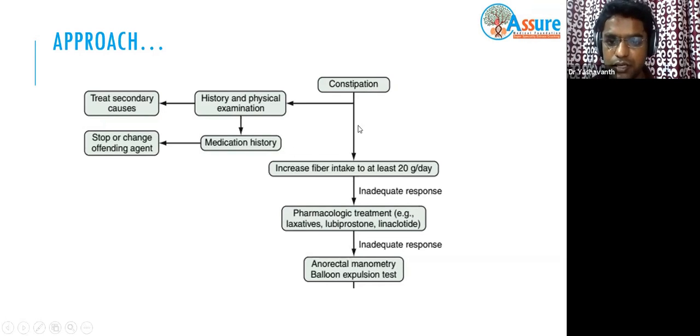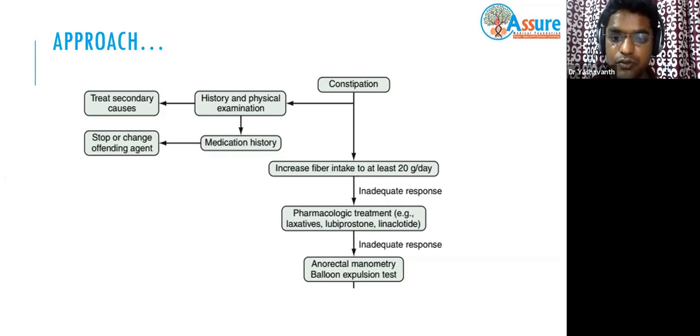Once the constipation is there, you have to increase the fiber intake to more than 20 grams per day. But mind you, in the Indian population, especially those predominantly vegetarian, we eat more than 20 grams of fiber, 25 or 30 grams, which is recommended. Most often, if you take more vegetables, it accounts for nearly 30 grams per day.